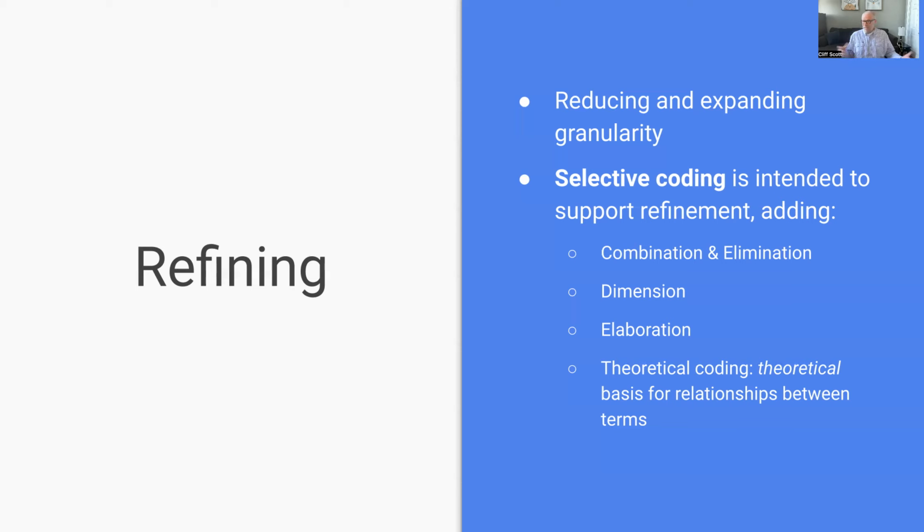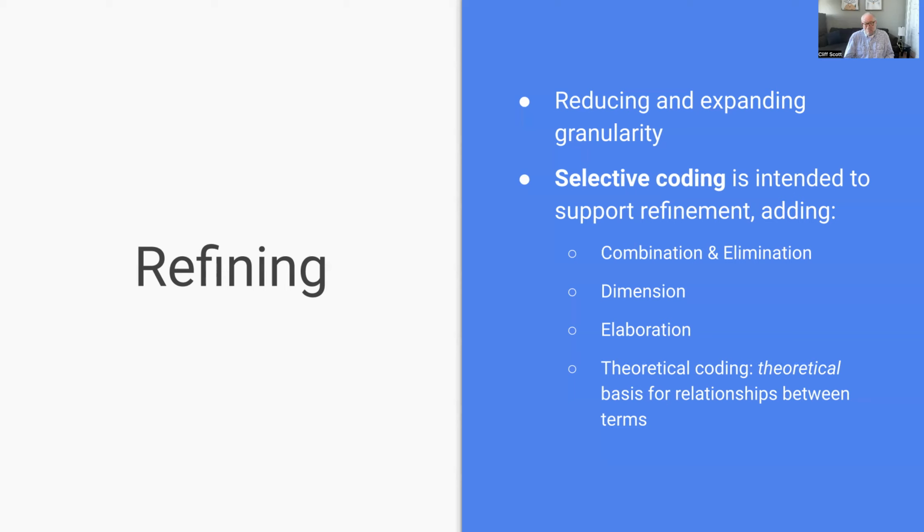And now you have all these categories and they're connected with some dimension or elaboration, or there's a structure to this emerging framework. Now you want to try to refine that structure.